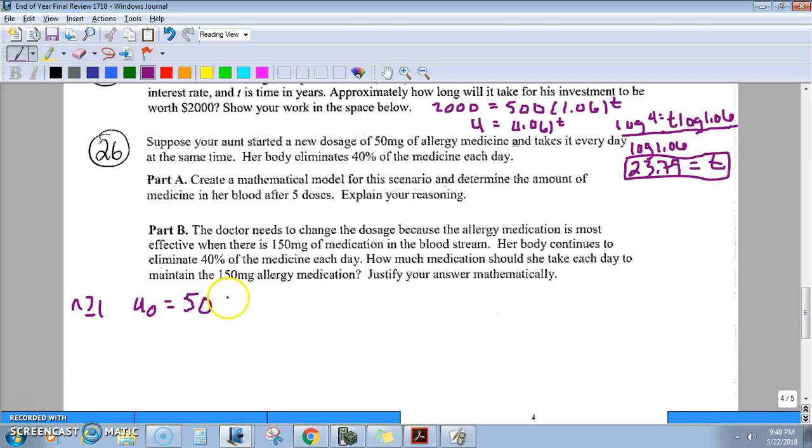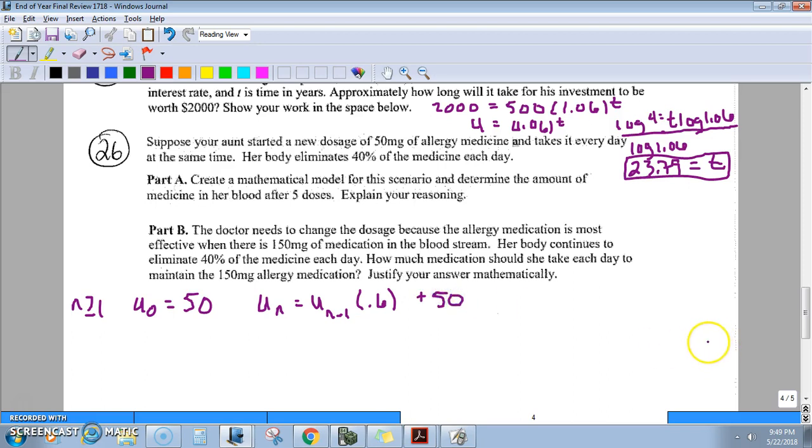And then what's happening each time, to get a new day, we have to take the day before, so subtract 1 from that, and multiply that by 0.6, because 40% is going away and 0.6 is staying. And then we are adding 50 more milligrams a day, so plus 50. Okay, so that would be your equation.